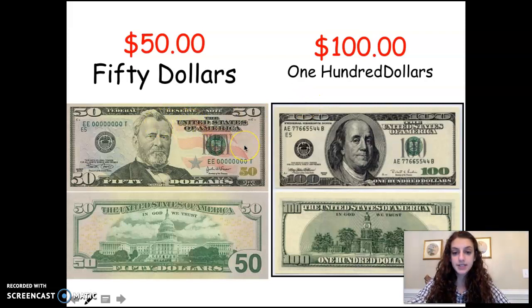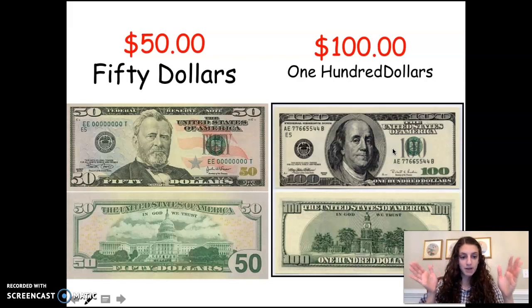Here is the front of the $50 bill, and here is the back. This bill represents $50. Here we see the $100 bill, which represents $100. $100 can be written as dollar sign, 1, 0, 0, decimal point, 0, 0. These are bills which represent large amounts of cash.